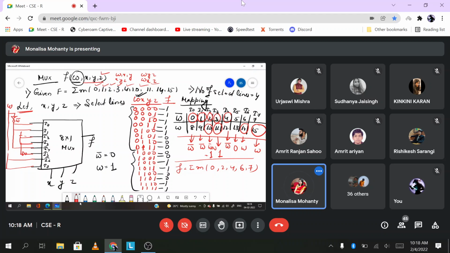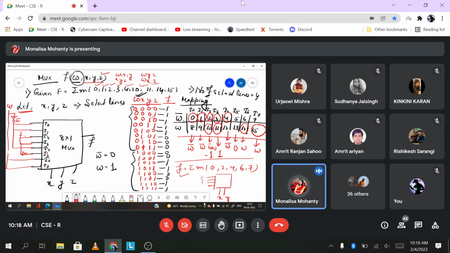Okay. So questions like the previous one: assuming two select lines, implement the function f and find the values of the input. Two select lines means, suppose XY is the select line, so you must map Z as the input values.